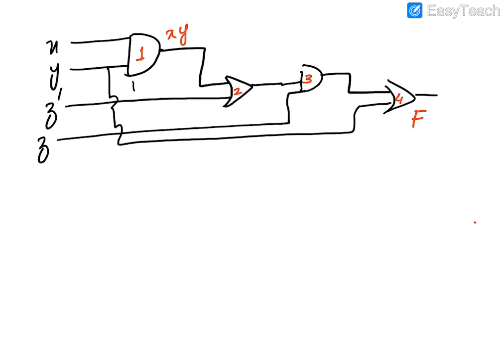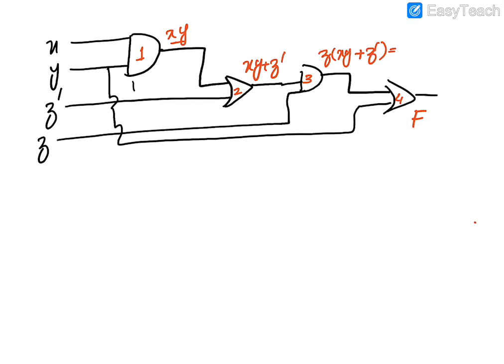The output of gate number 2, which is an OR gate, is OR of x, y and z prime. And the output of gate number 3 is the AND of x, y plus z prime with z.